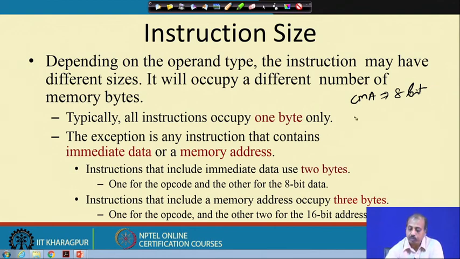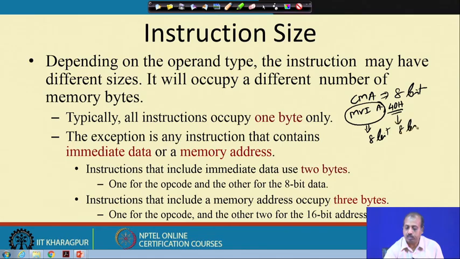On the other hand, if I take an instruction like MVI A, 40 hex, there is a code for the MVI A part, an 8-bit code, and then 40 hex is another 8-bit number. So in total I will require 2 bytes for holding this MVI A instruction.